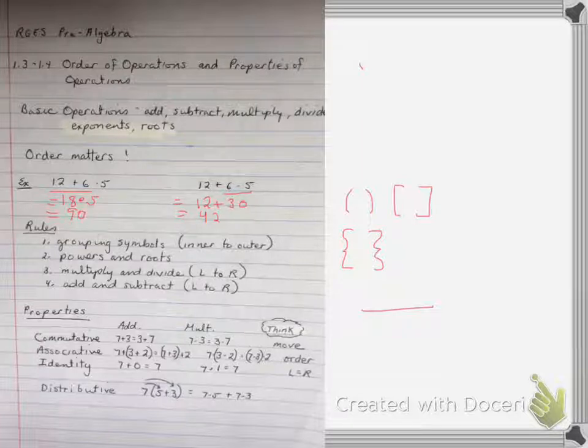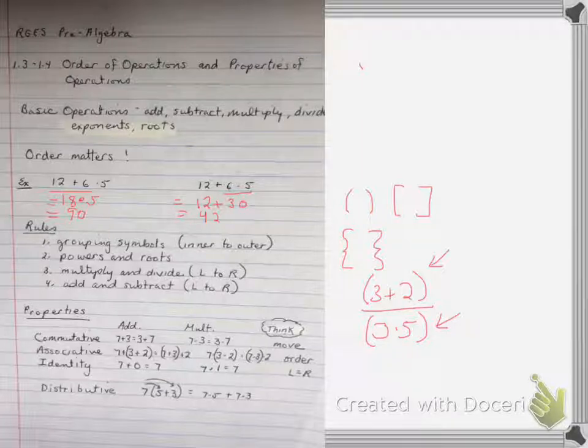A division sign like this, or a fraction bar, means that everything above would be done, and everything below would be done. We're assuming parentheses above and below, and the division is done at the very end. So that's an assumption that makes it actually one of the grouping symbols.